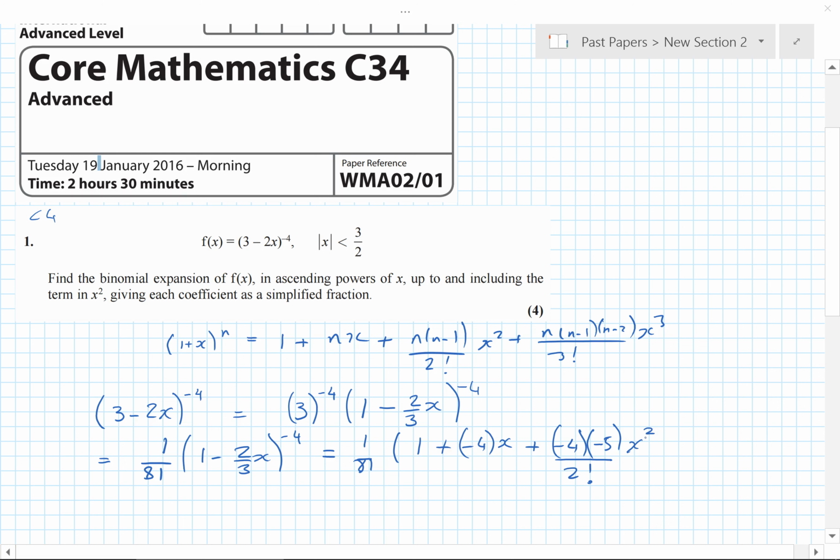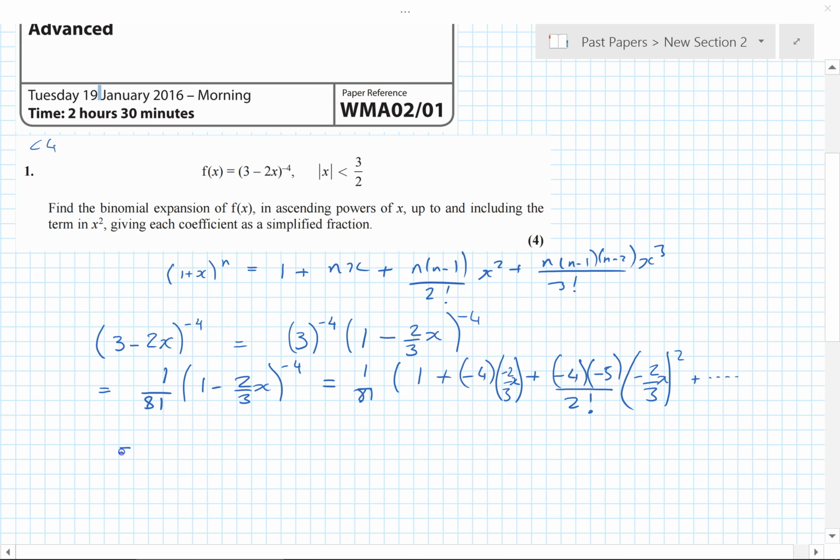Obviously x in this case is minus 2/3 x, and that's minus 2/3 x there as well. So that equals 1 over 81, and then that's 1 plus 8 over 3x.